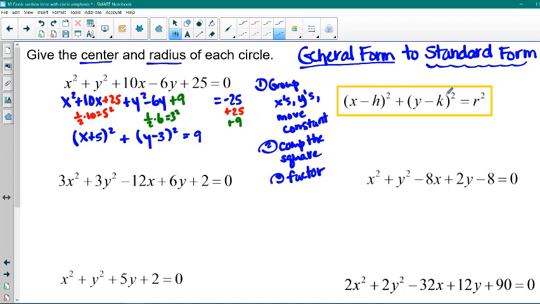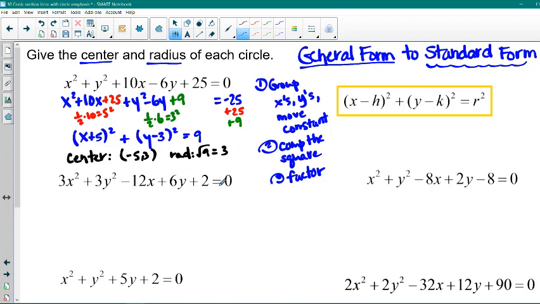Now, we are much more readily able to look at the equation and identify the center and the radius. The center of this circle is negative 5, 3, and the radius is the square root of 9, which is 3.